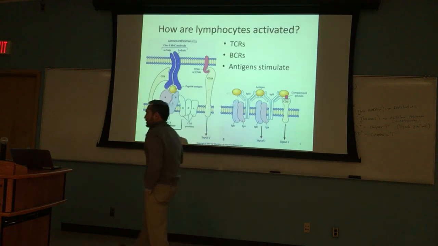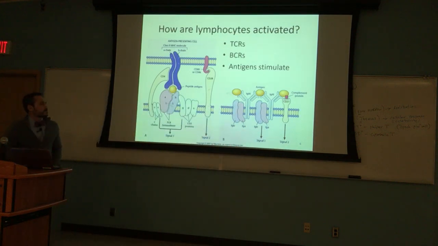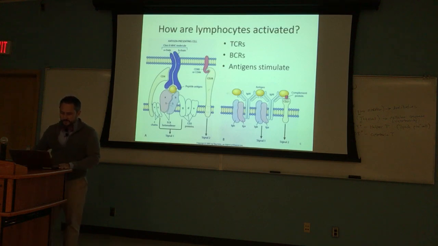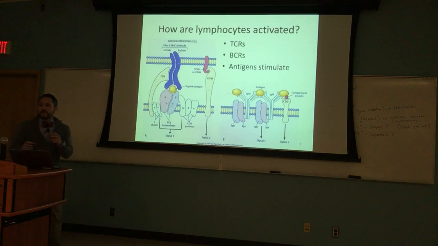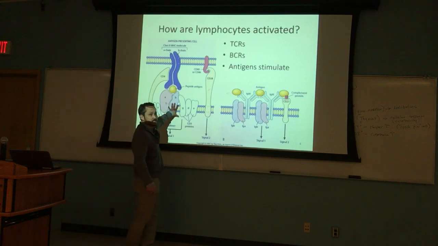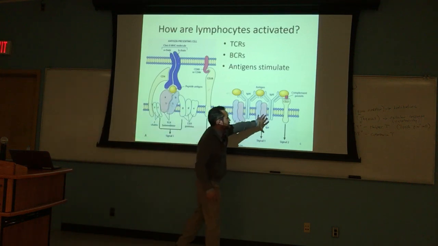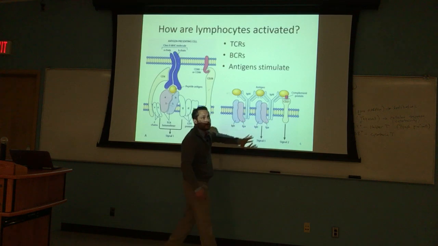So how are they activated? Well, we talked about this slide at length. So hopefully this makes a lot of sense, and hopefully there isn't anything here that doesn't make your notes go together on activation that requires co-stimulation, whether it's T cells or B cells, okay?